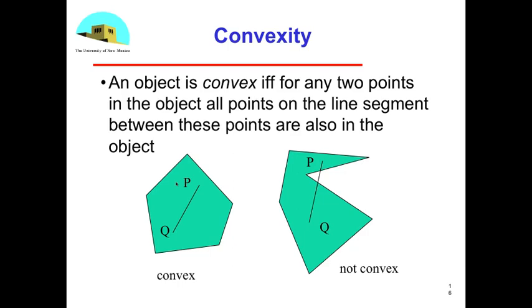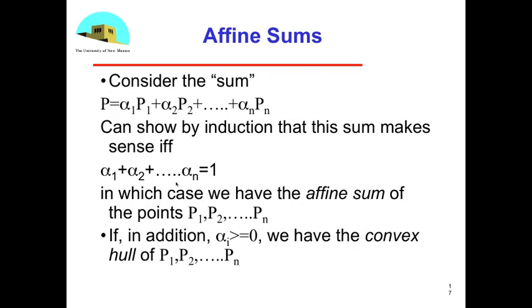Now, I could extend that notion a little bit and say, what if I have a lot of points and I look at what's called an affine sum? Now, this is a little tricky. I'll have a picture on the next slide of what we're getting at here. Suppose I just write down P equals alpha 1 P1 plus alpha 2 P2. You could say, hey, that doesn't make any sense.